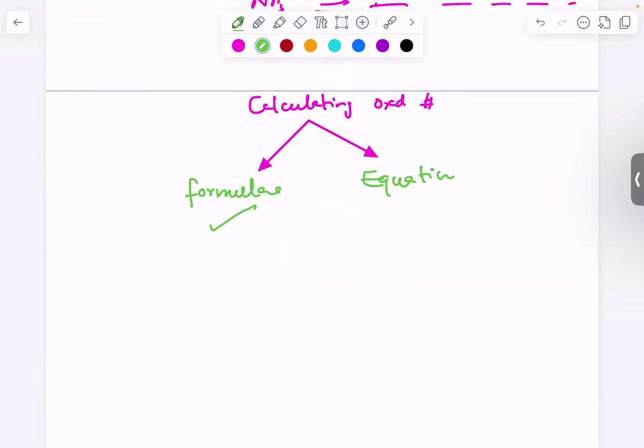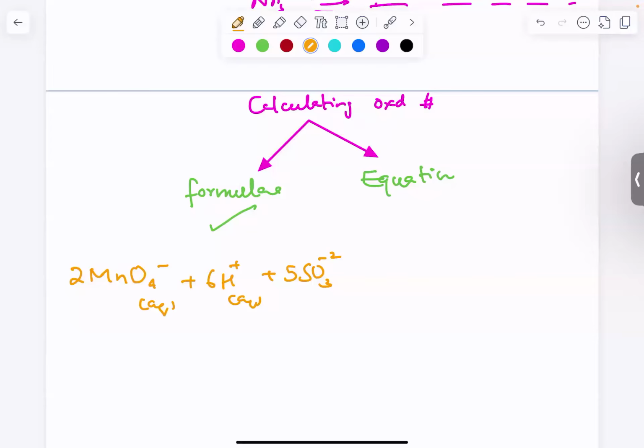I'll pick up the most difficult one, right? So that would be 2MnO4 negative aqueous plus 6H positive aqueous plus 5SO3 2 negative aqueous, arrow, 2Mn2 positive aqueous plus 3H2O liquid plus 5SO4 2 minus aqueous.